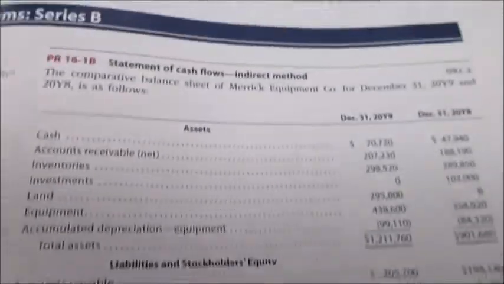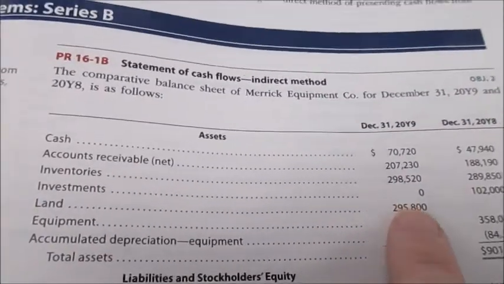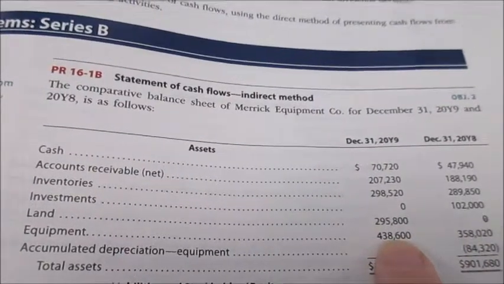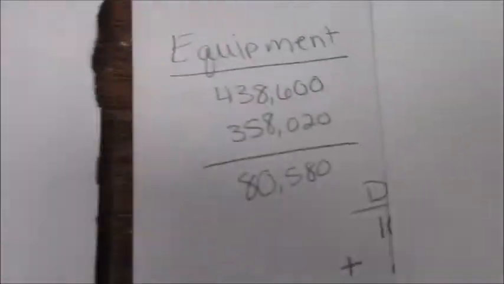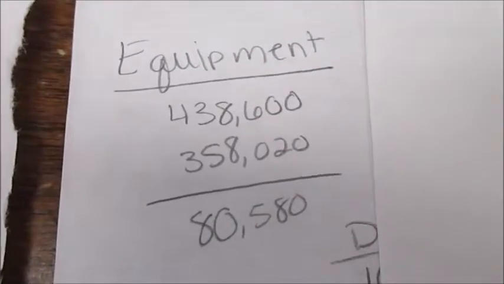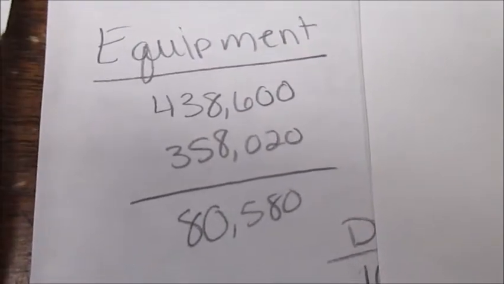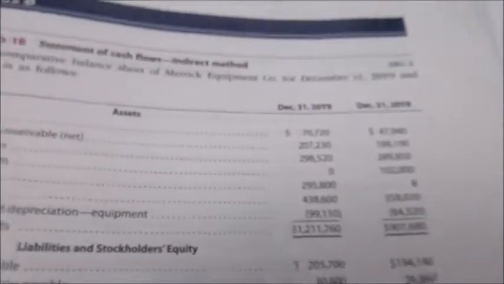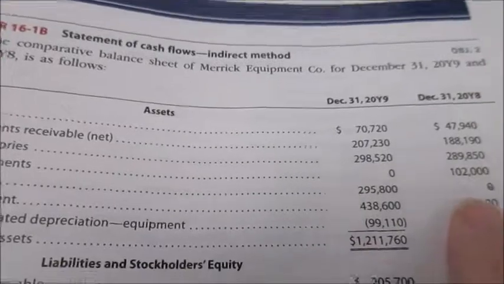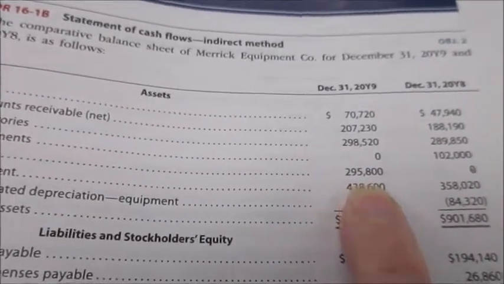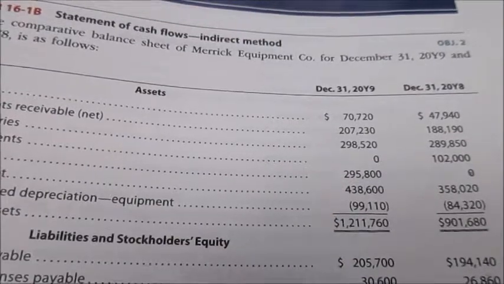If we look up here, it tells us that our equipment went from $358 to $438, so we subtract those and we get $80,580. Also, if we look at land, we can see that our land went from 0 to $295,800. So we're just going to use that $295,800, no calculation needed.